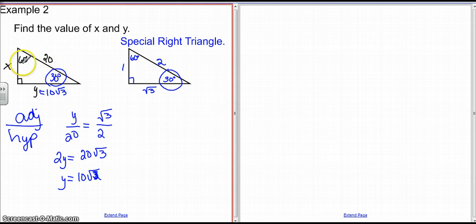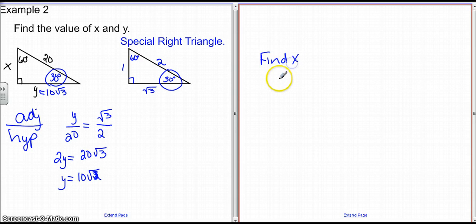Now I could do a Pythagorean theorem to find x, or I could use a proportion again. I'm going to use a proportion, and I'm going to find x. This time I'll still use the 30-degree angle, but if I'm trying to find x, I'm going to use opposite over hypotenuse, which is my sine ratio.